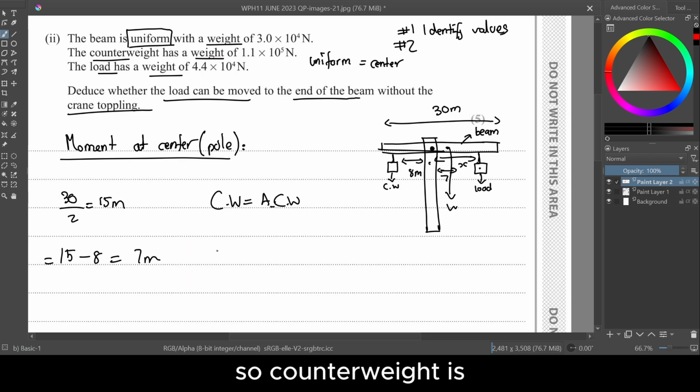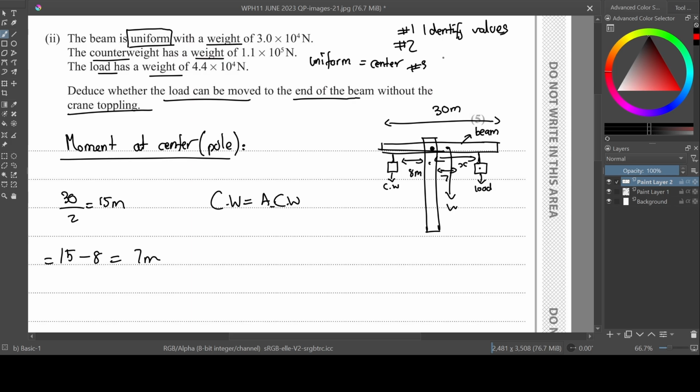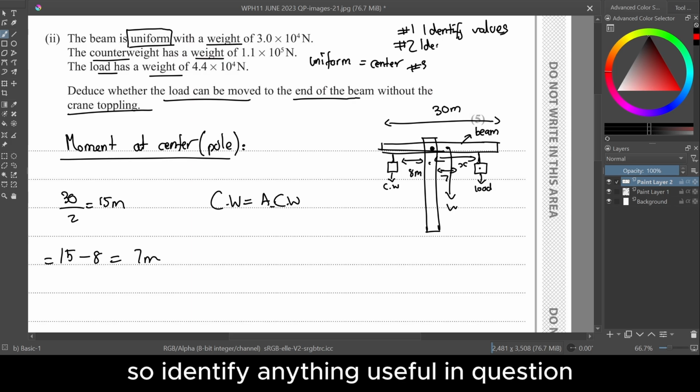Remember that you also need to identify anything useful in the question.